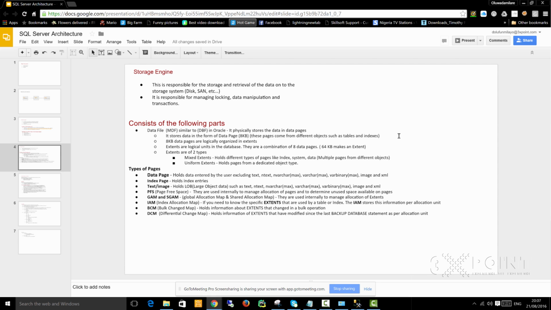Because if there are so many and you start having fragmentation, which we'll talk about when we get to indexes, you'll find out that you start having performance issues.